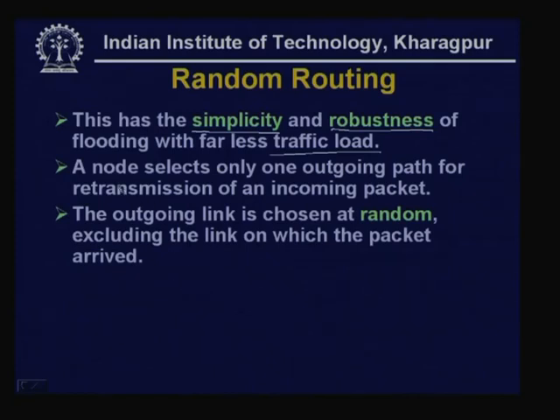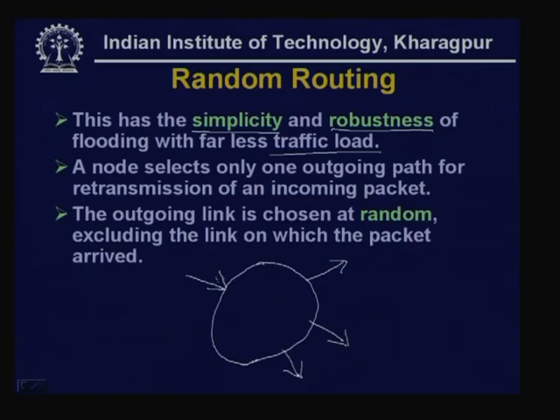What is being done? A node selects only one outgoing path for transmission of an incoming packet. Suppose let us consider a particular node in a subnet, and suppose this is the link through which a packet has been received, and these are the various outgoing links.